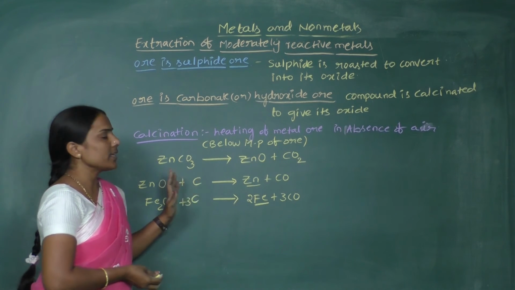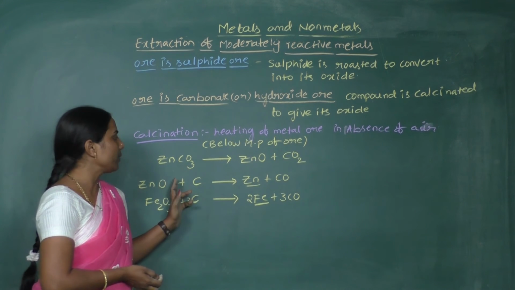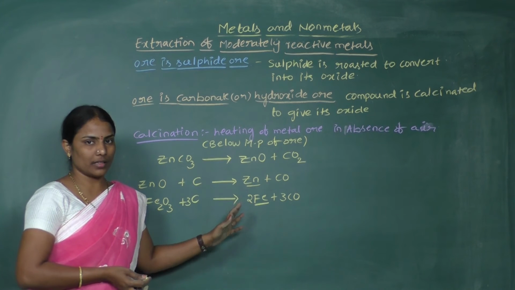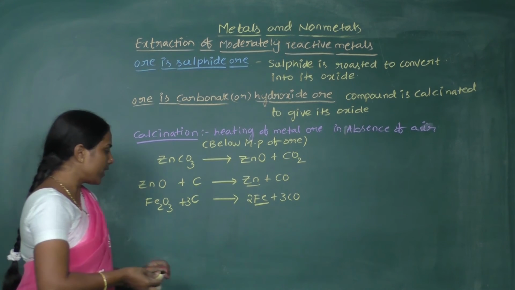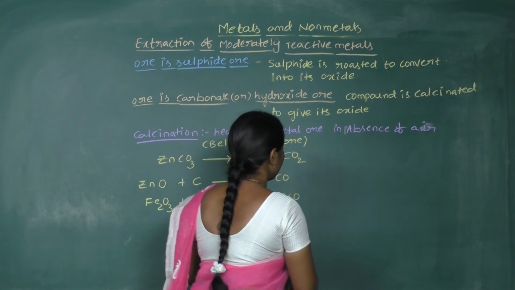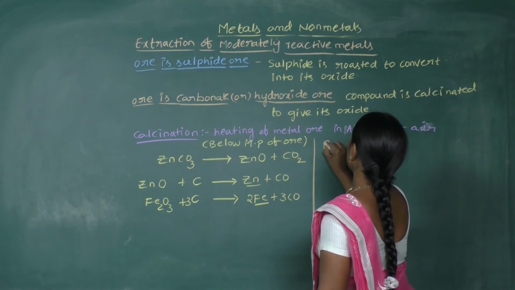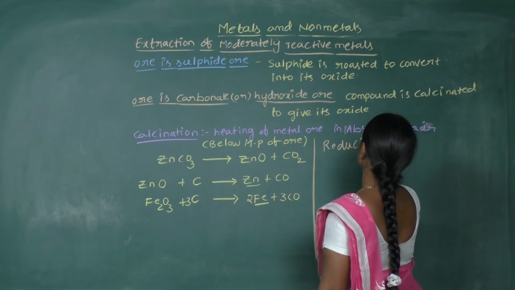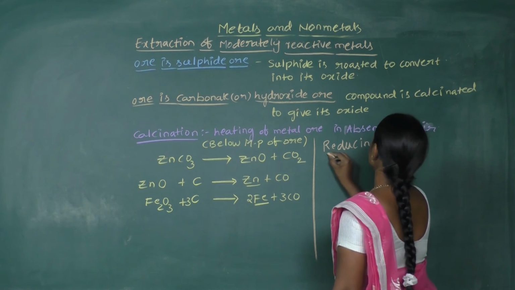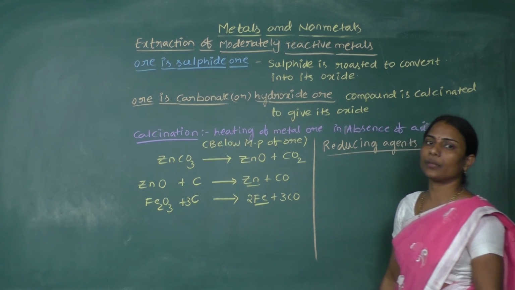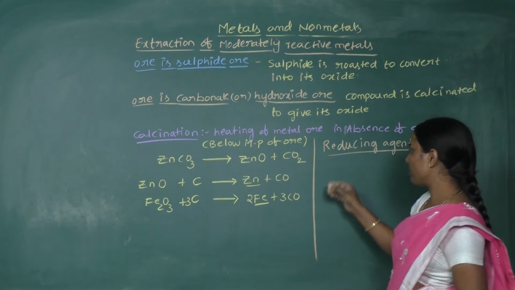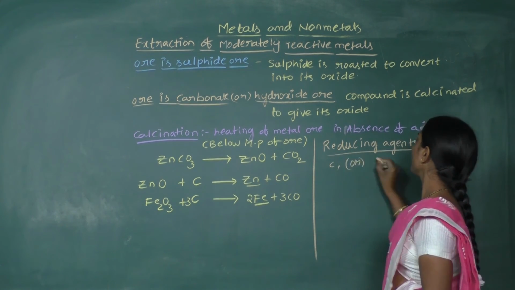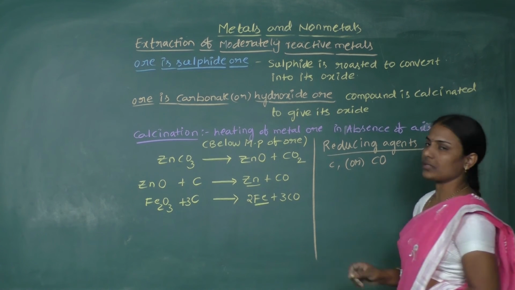So the oxide can be converted into its metal by using any of the reducing agents. What reducing agents can we select? In most cases, the reducing agent selected will be carbon or carbon monoxide.